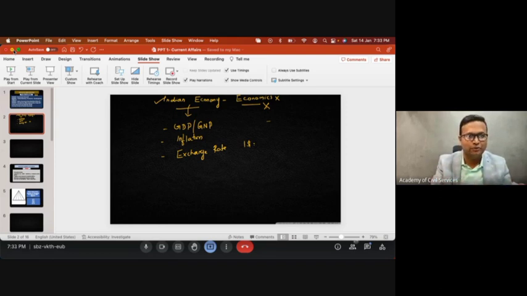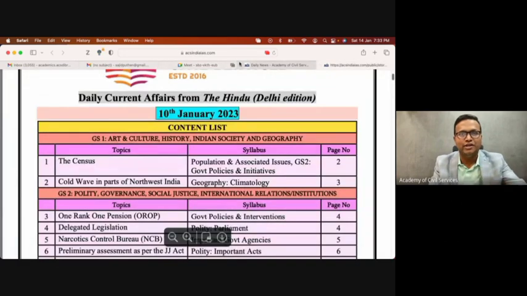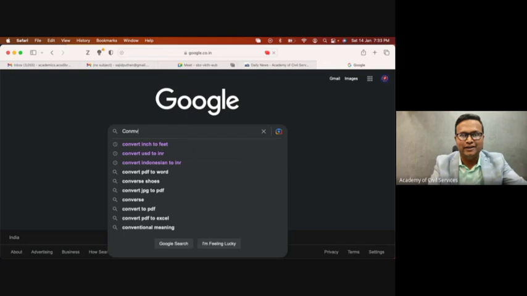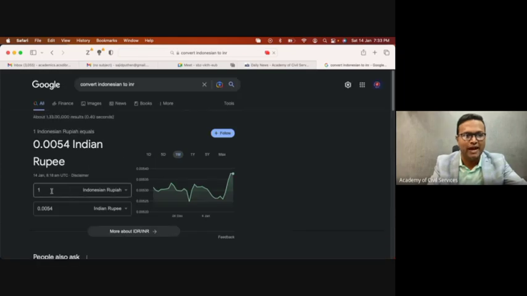After he left my room, I searched in Google how much 10,000 Indonesian rupiah is. You can also search in Google, converting Indonesian rupiah into INR. I hope you are able to see on my Google, it is 53.78 rupees.